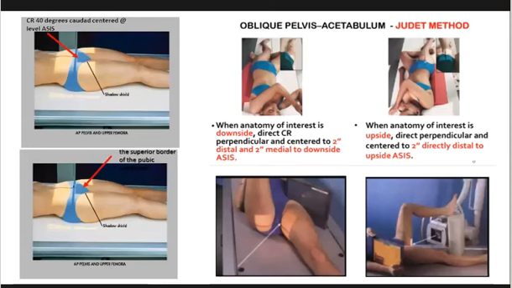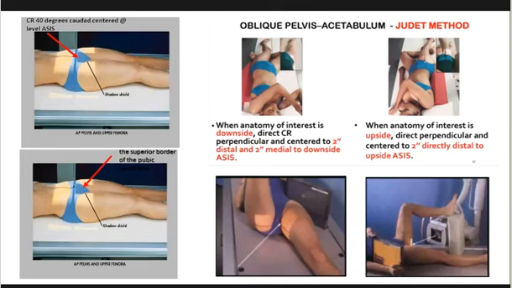So, I have here the different projections, no? Yan. So, for the Bridgman method, itong nasa left, yung nasa upper, that is the Bridgman method wherein the central ray is 40 degrees caudally.